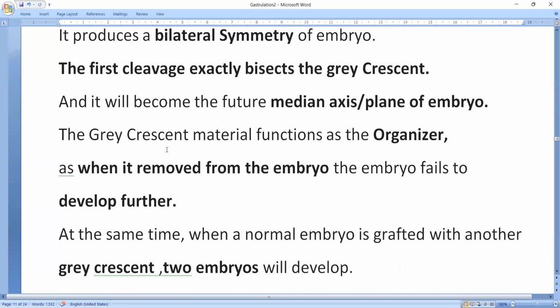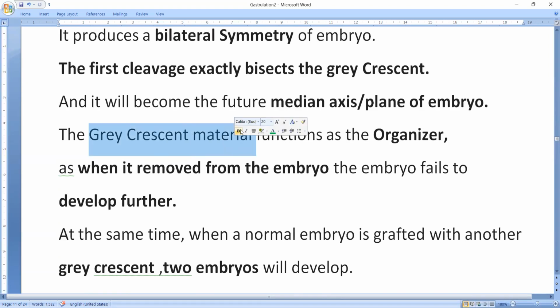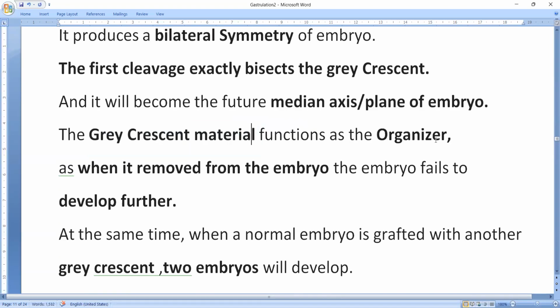You remember the gray crescent material functions as an organizer. It is an organizer, so it regulates the development, without which the development ceases.